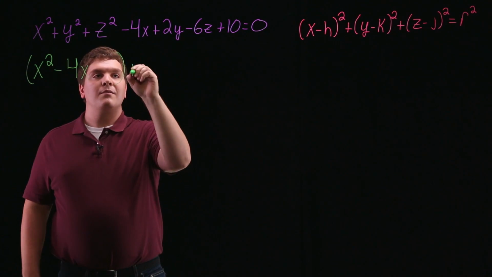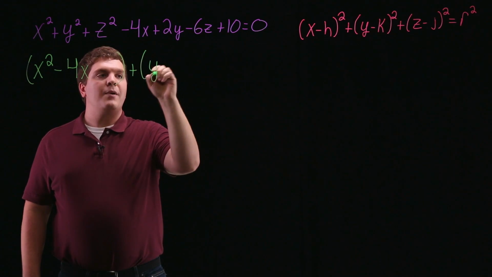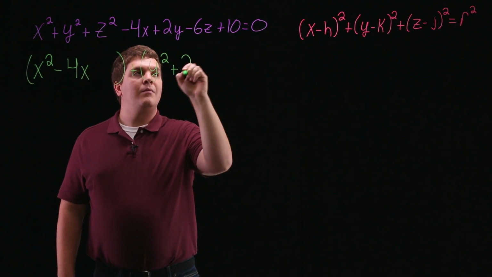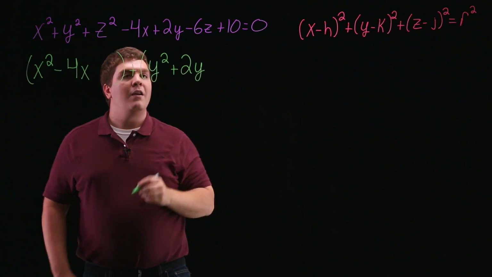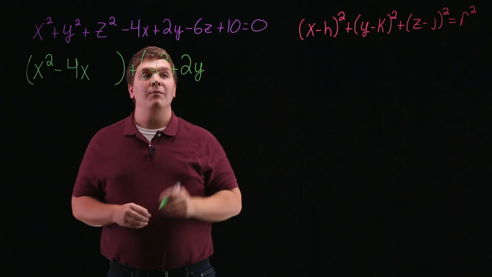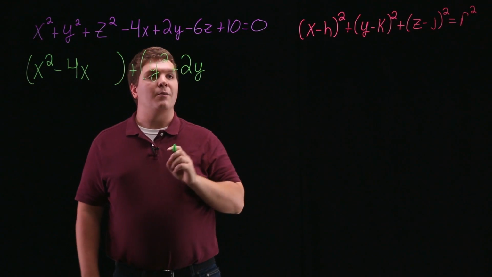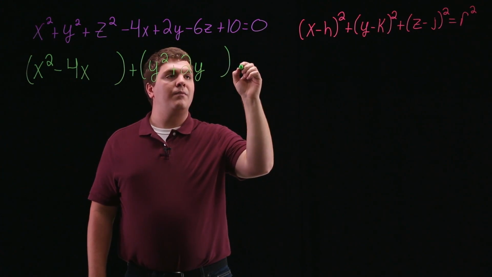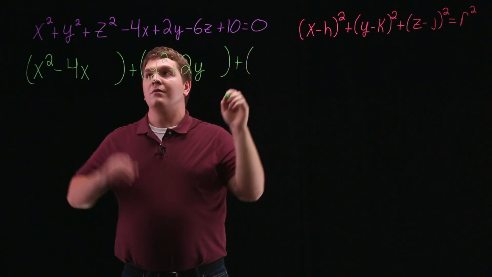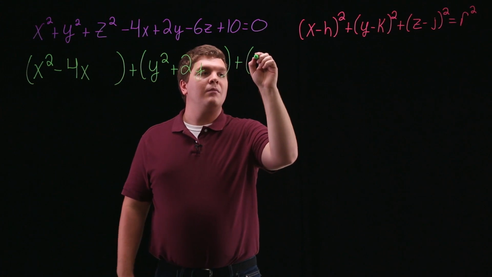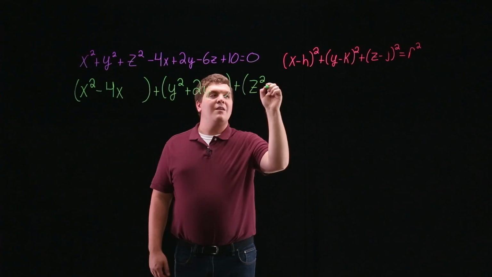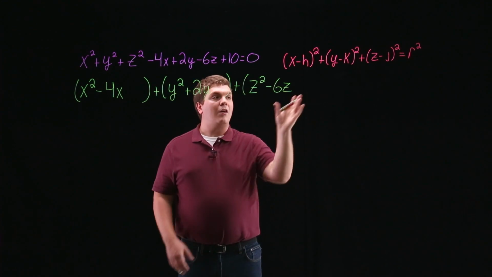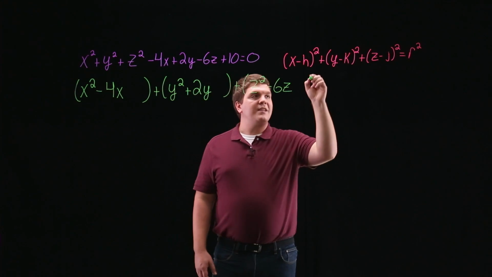Then we'll have plus y squared plus 2y, leaving a little space to the right of 2y, and plus z squared minus 6z, again leaving a little space to the right of 6z.